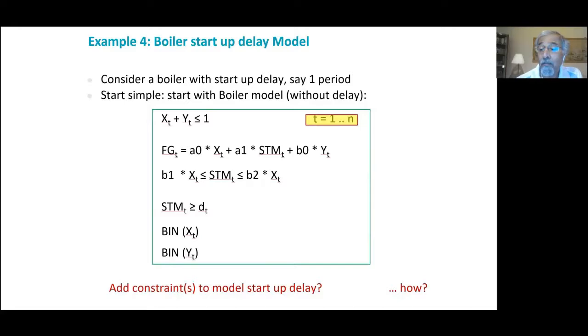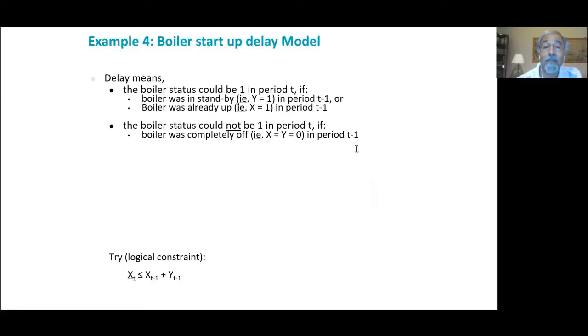And to model the delay, think about what delay means. The boiler can be turned on, status 1 in period t, if and only if it was either standby or already up in the previous time period. And the boiler cannot be turned on if the boiler was off in the prior time period. And this logical constraint captures it.